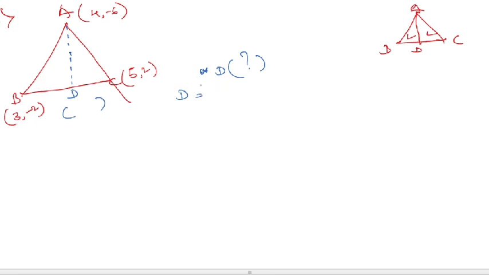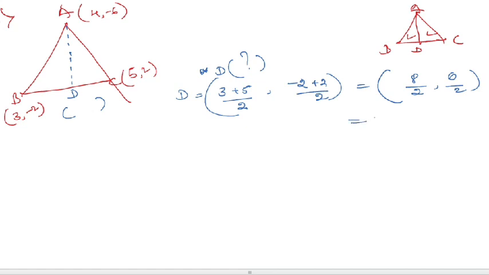Midpoint formula, x1 plus x2 by 2, means here 3 plus 5 divided by 2, comma, -2 plus 2 by 2, you will get 8 by 2, 0 by 2, which is equal to 8 by 2 is 4. The coordinates of D are 4, 0.